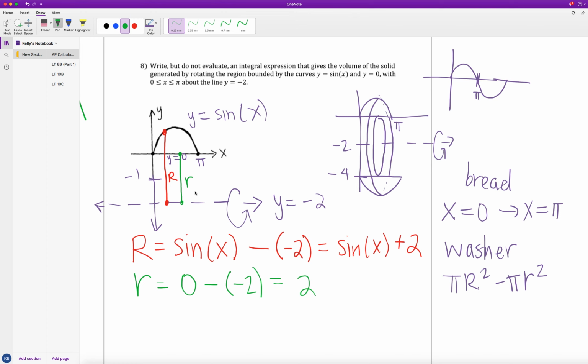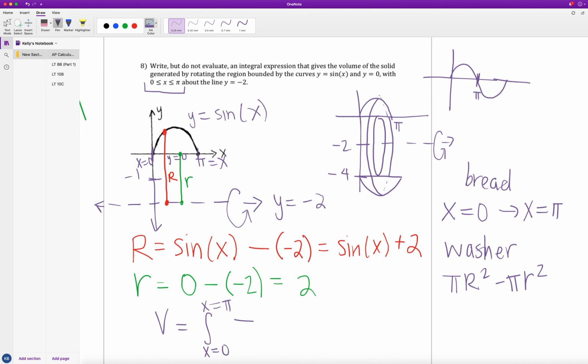Now that I have my 2 radii and I have my bounds, I can set up my equation for volume. So volume is going to be the integral as x goes from 0 to pi, because remember, we're starting at x equals 0 over here on the left side, stacking all the way over to x equals pi. Those were also conveniently the bounds that they gave us, so we made sure we knew what this x-intercept was.